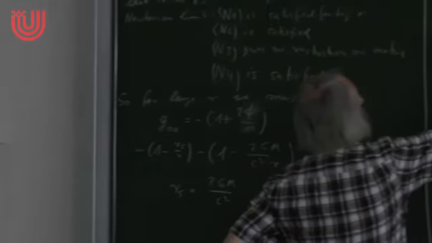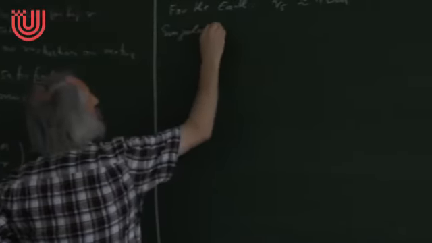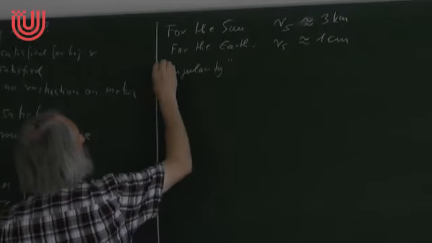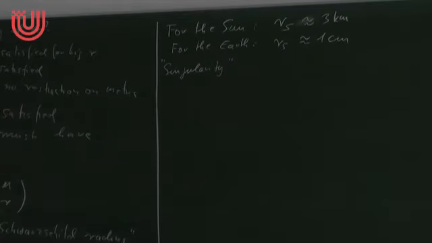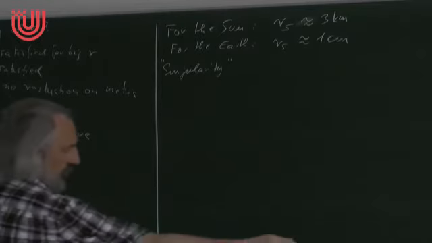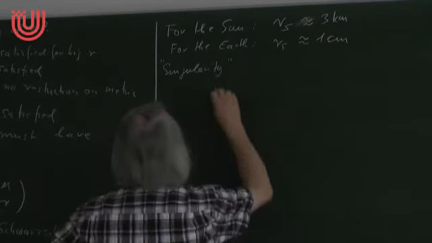So let me write here: singularity. I put this in quotation marks because it's actually not a singularity in the sense in which the word is usually used in general relativity. It's what is called a coordinate singularity. So I just mean a zero in the denominator, right?